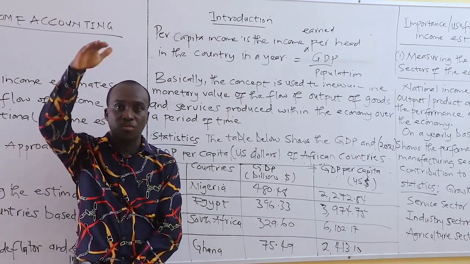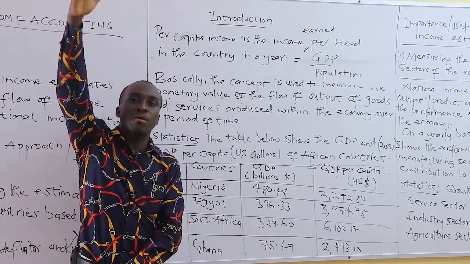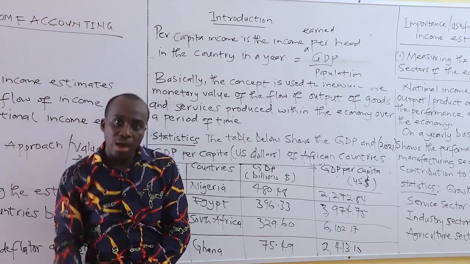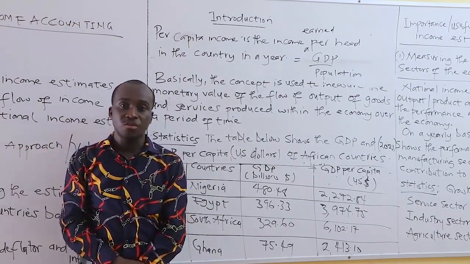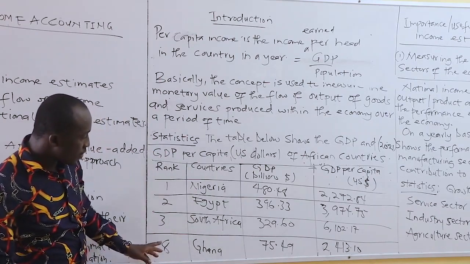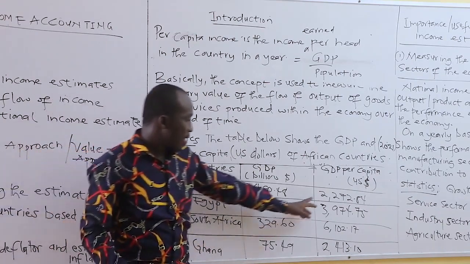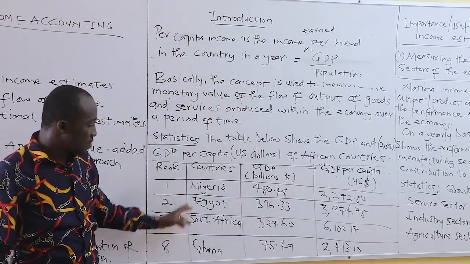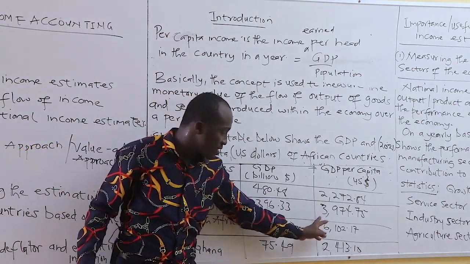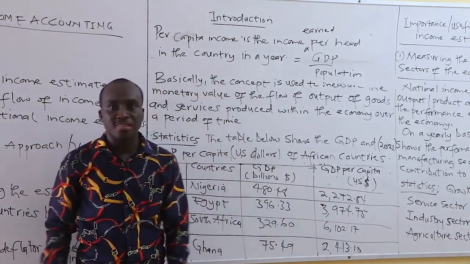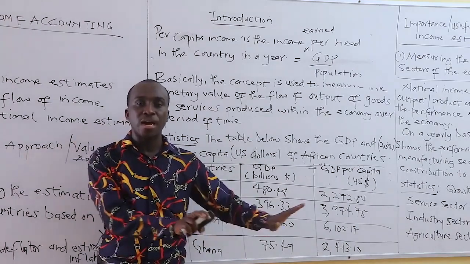So they use this to classify countries. The higher the per capita income, the more developed you are. The lower it is, the more you are a developing country. If you take Nigeria, Egypt, their per capita income of 2,000, 3,000, they are classified as lower middle income countries, right?